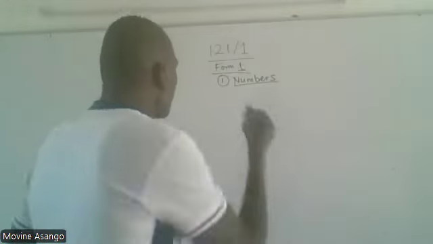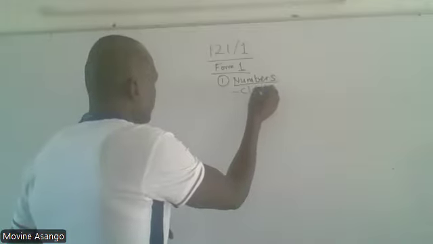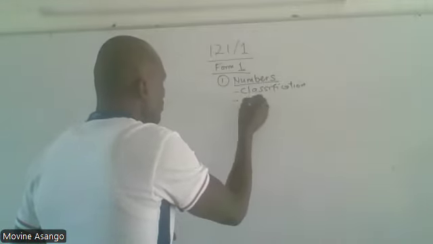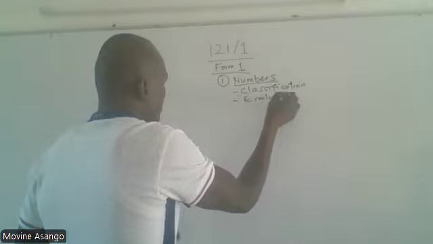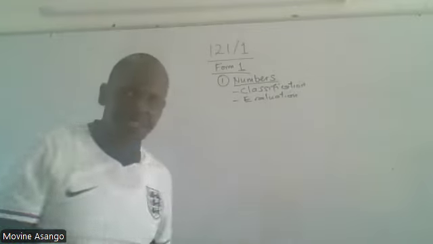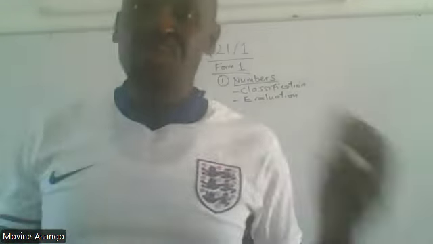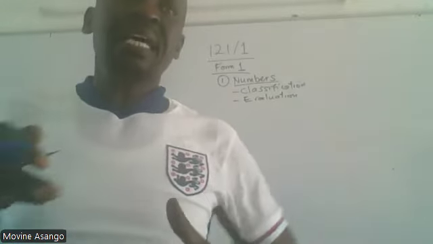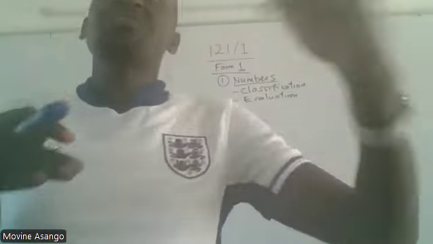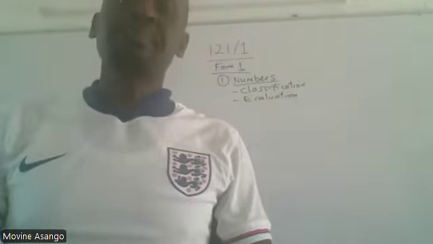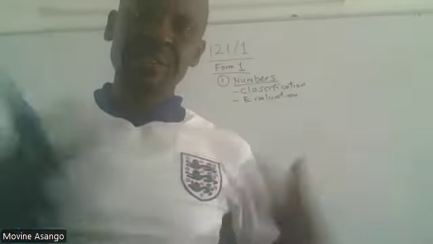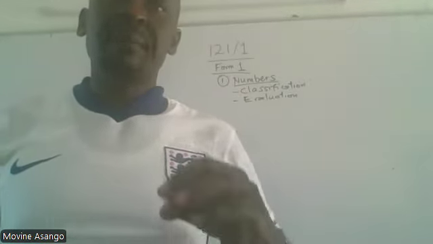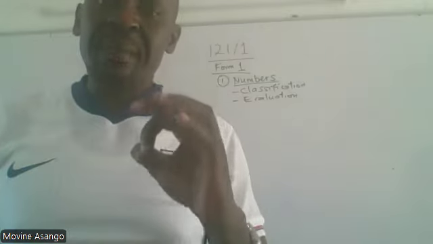And as you understand the number classification, you also look into the evaluation. Evaluation involving integers, where you are told, without using a calculator, evaluate. If it leads you to an answer which is an improper fraction, you must express your answer in its mixed number form.